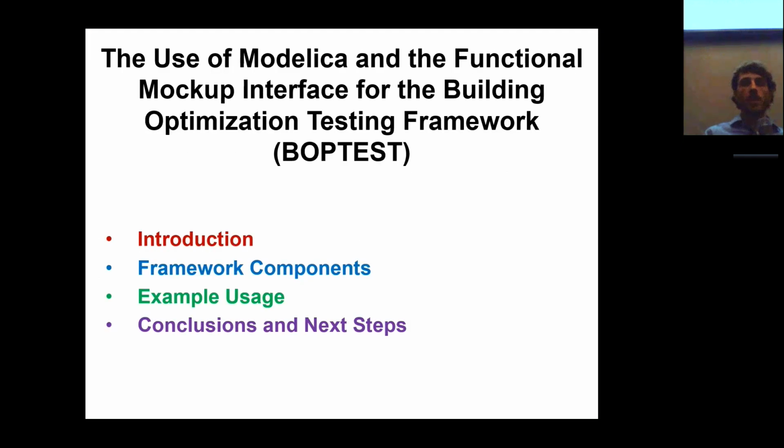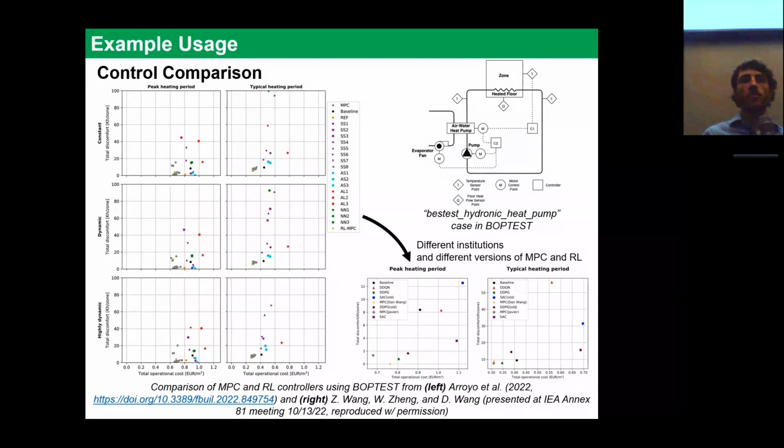So I just want to show an overview, a little bit of example usage, and there's a lot on this slide, but I'll start with the upper right, where there's a diagram of one of our systems that's available in our repository. It's known as the BESTEST hydronic heat pump system. It's basically a single zone model with a radiant floor heating system served by an air source heat pump.